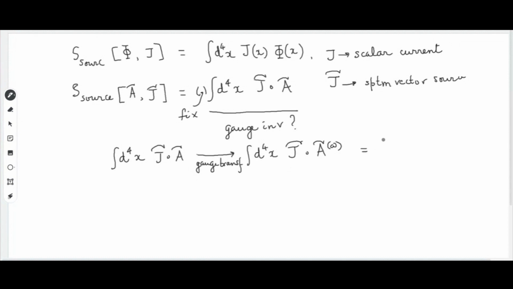Let me put in indices. So this is J^A A_A plus, remember the gauge transformation of A, it's the old vector potential plus the gradient, or just the partial derivative, of some arbitrary scalar function omega. That's a gauge transformation.